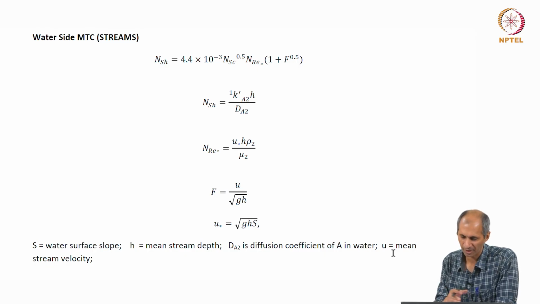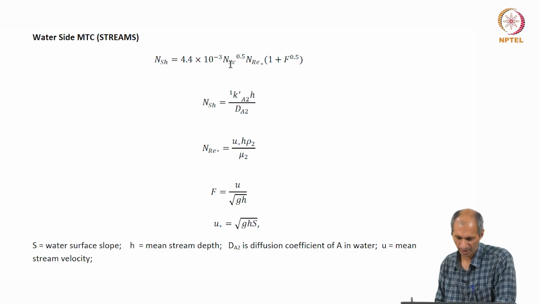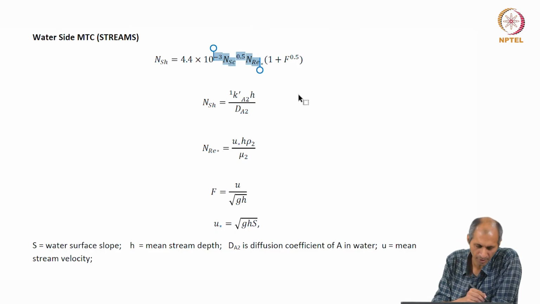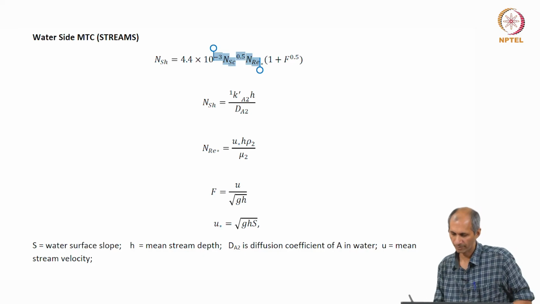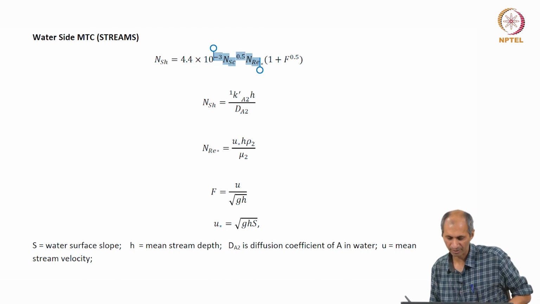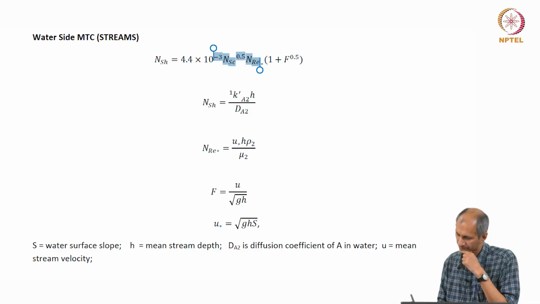It is dimensionless to a large extent, but it also has things here. One of the things you can look at here is this term called NSC. NSC is the Schmidt number, sorry, and NSH is here, and the definitions are given there. So, this is the Sherwood number.